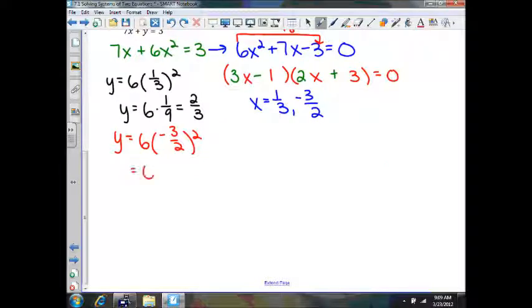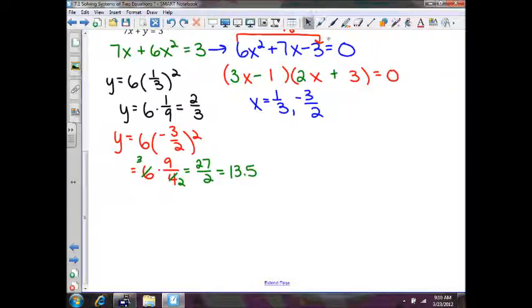Negative 3/2 squared is 9/4. Well, 6 times 9 is 54, divided by 4, or we can go like this. This will be a 3, this will be a 2. 27 over 2, which is 13.5.